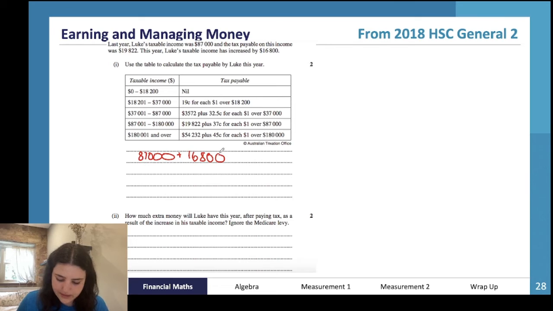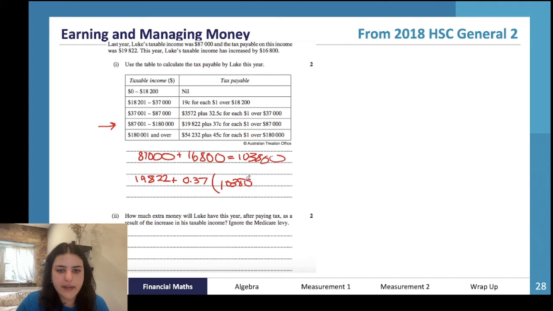87,000 plus 16,800 gives us $103,800. That places him in this bracket, which means we need to do 19,822 plus 37 cents for every dollar over 87,000.